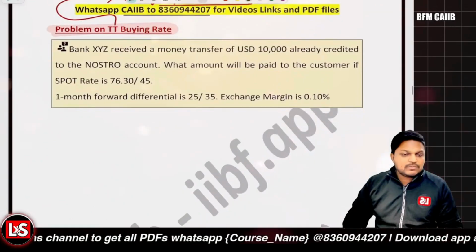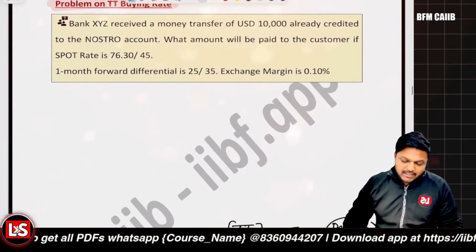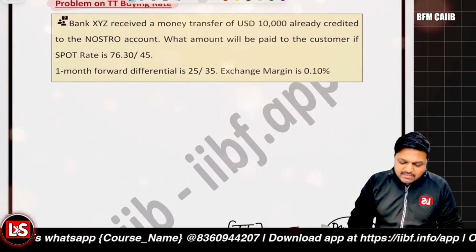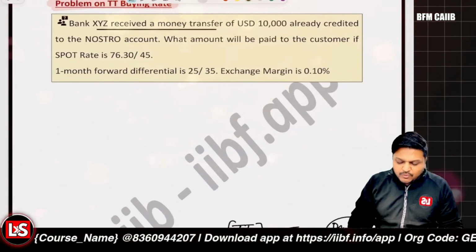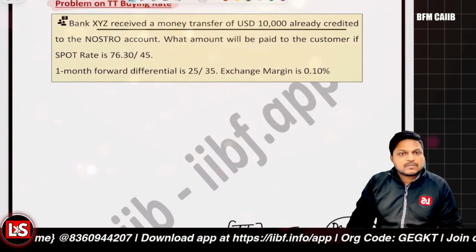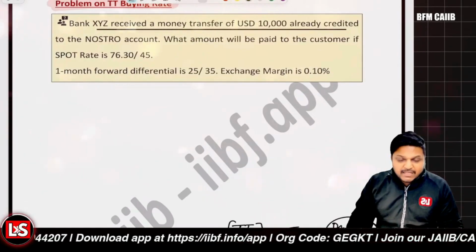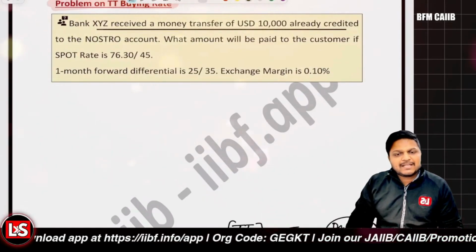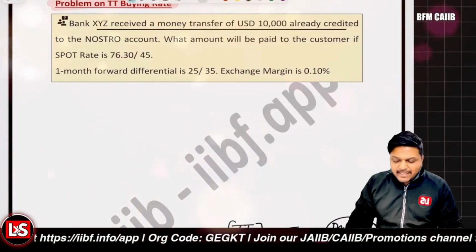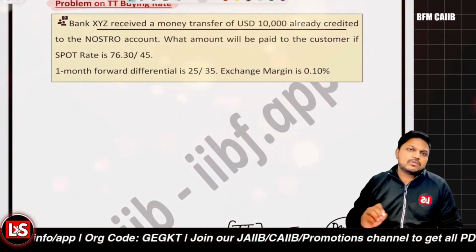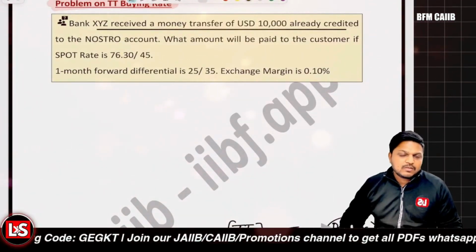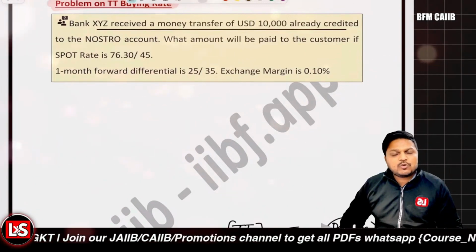In this scenario, let's have a look at the question. It says bank XYZ received a money transfer of USD 10,000, already credited to the Nostro account.